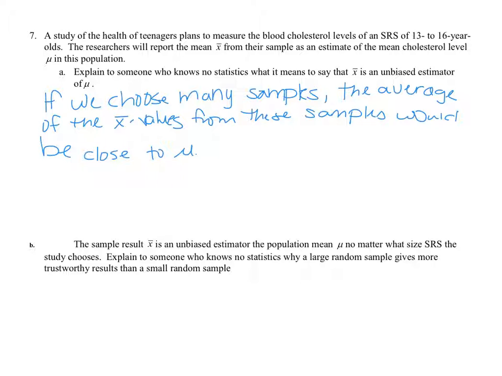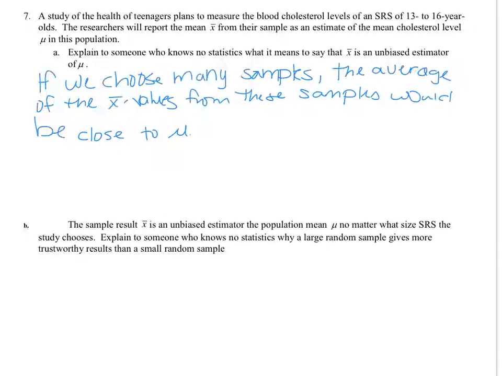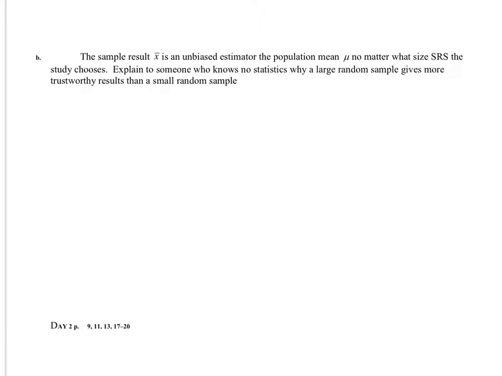The sampling distribution of x bar is centered at the population mean mu we're trying to estimate. And then part B, the sample result x bar is an unbiased estimator of the population mean mu, no matter what size SRS the study chooses. Explain to someone who knows no statistics why a larger sample size gives more trustworthy results than a small random sample.